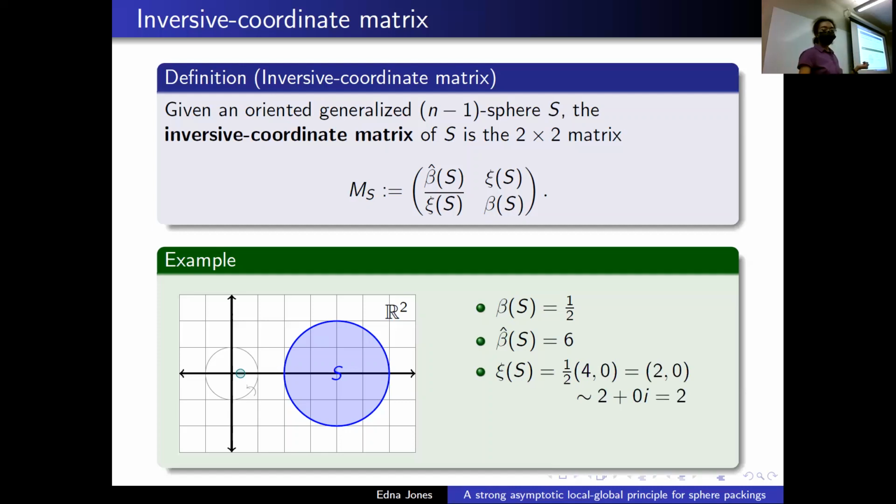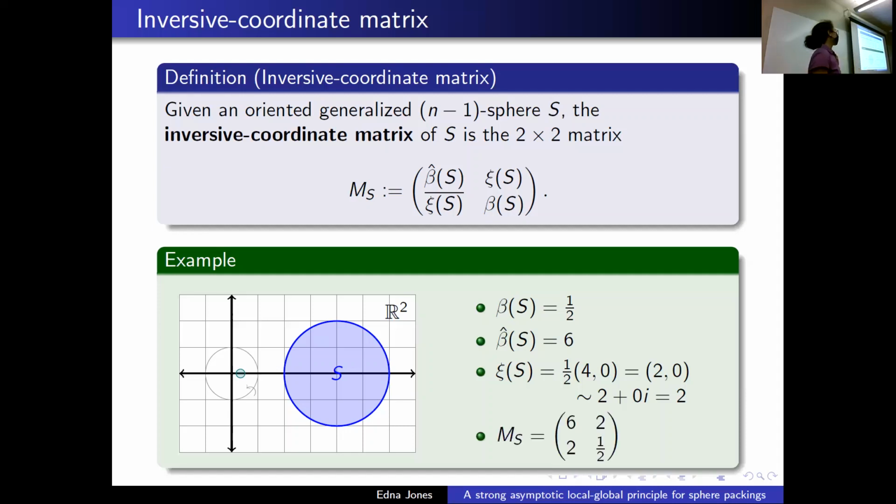And the bend center of S is the bend, which is a half, times its center, which is (4, 0), which simplifies to (2, 0). With the identification with Clifford vectors, this is just 2.